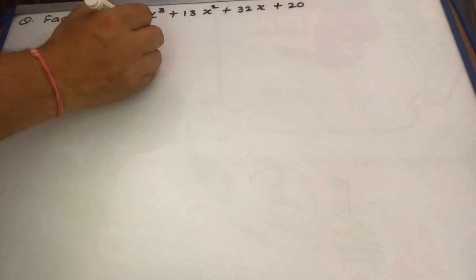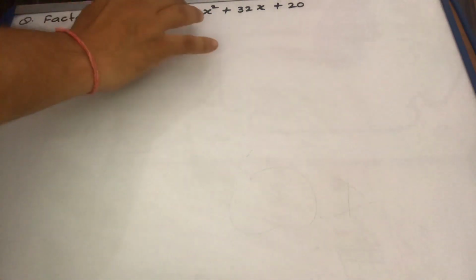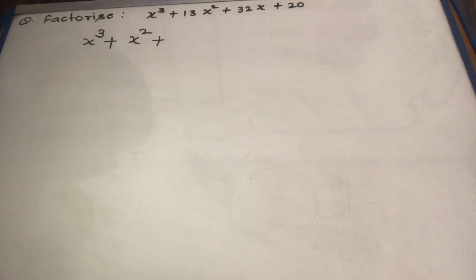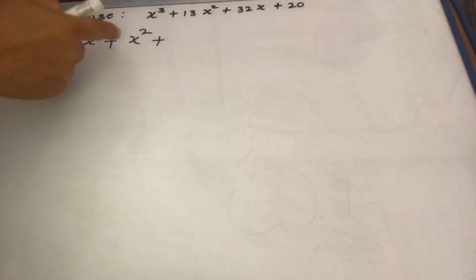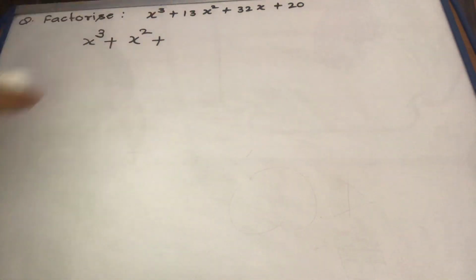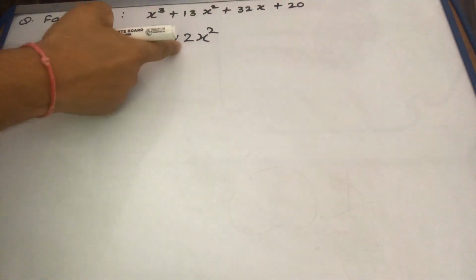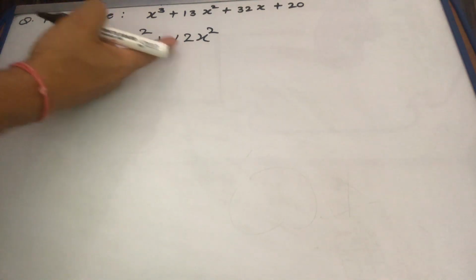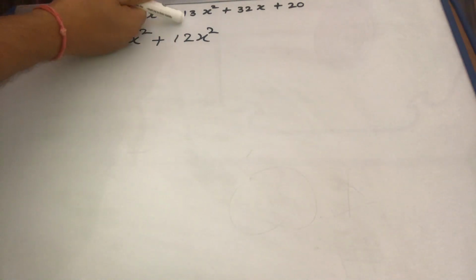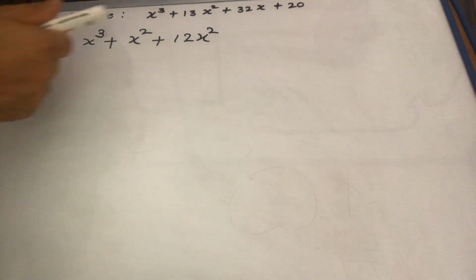Okay. After that we observe the second term. The second term is 13x square. Clear? So 1x square is already present here. Now how much should you write to get 13x square? That is 12x square. This step is clear because 12x square and 1x square make 13x square. Am I right? Okay.